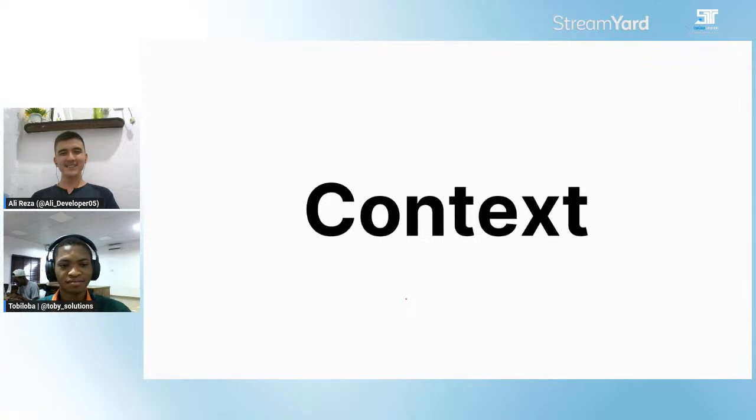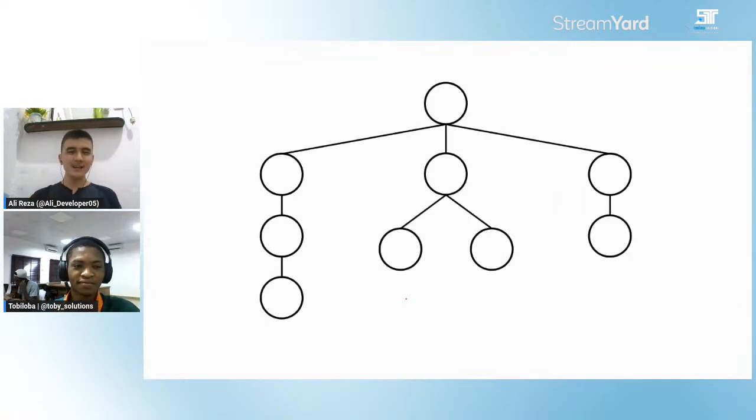Okay, that's a great explanation, Toby. Very nice. So before we jump into talking about context, I'm going to give you a short example without using context, to show how our project is going to be. Right now we have an app, the routes application, which is App, and also we have three routes.